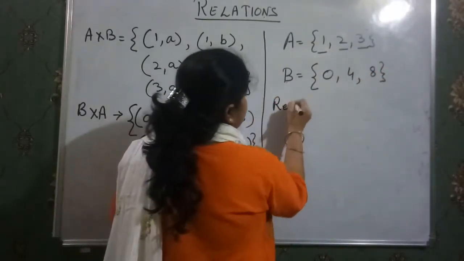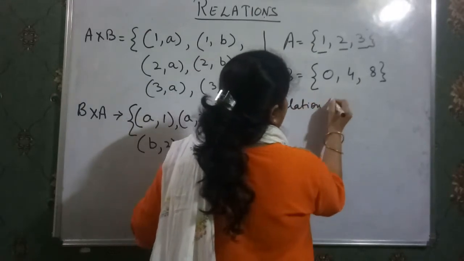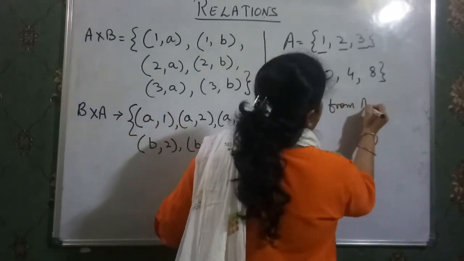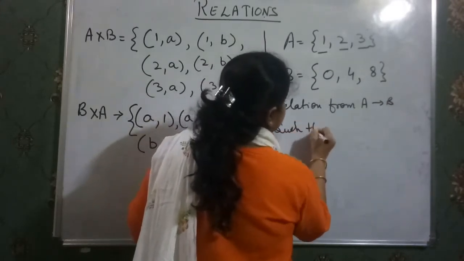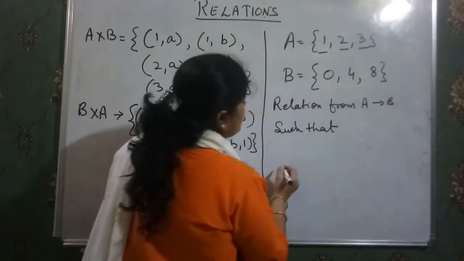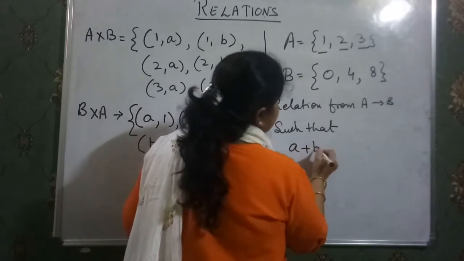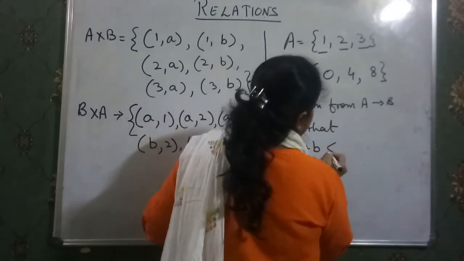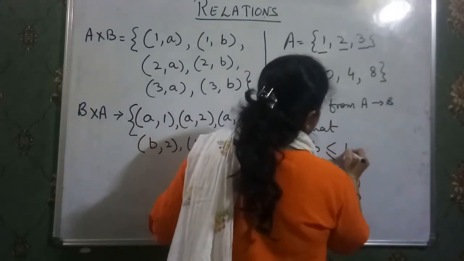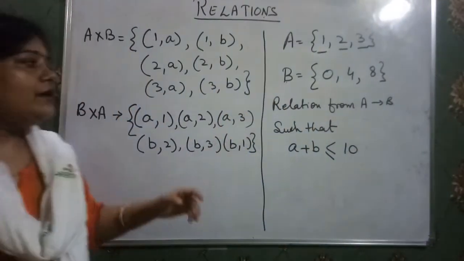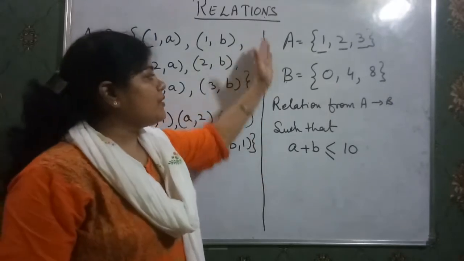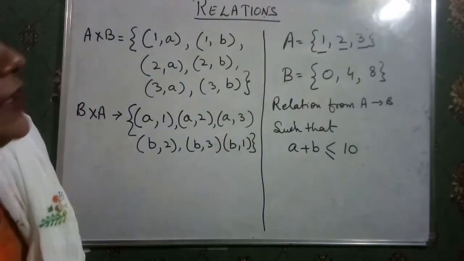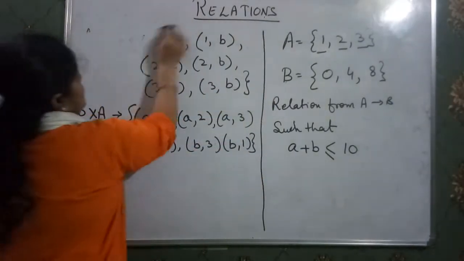Find a relation from A to B such that A plus B is less than or equal to 10. A condition is also given, and you have to find a relation between A and B. How will you find these types of questions?